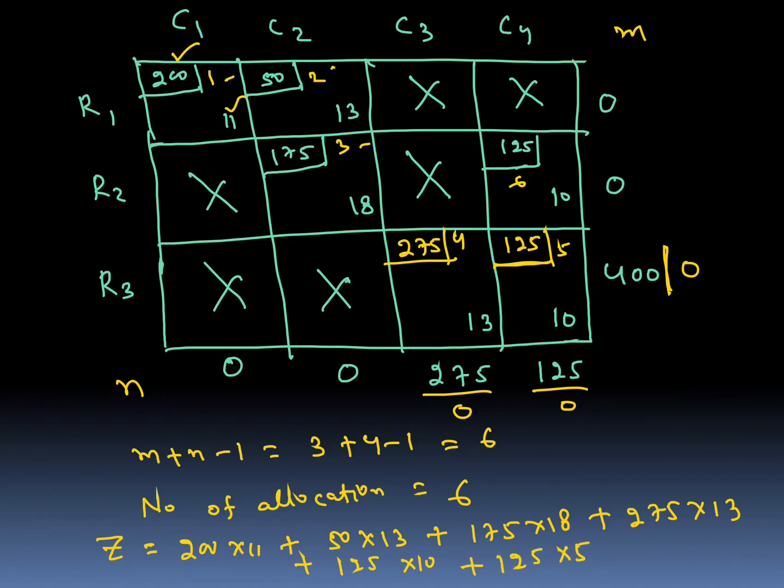Whatever value you get, that is the minimum transportation cost for this matrix. In problems like GATE, they will ask what is the value of minimum transportation cost using VAM or Vogel's approximation method. So you calculate this value, that is your answer.